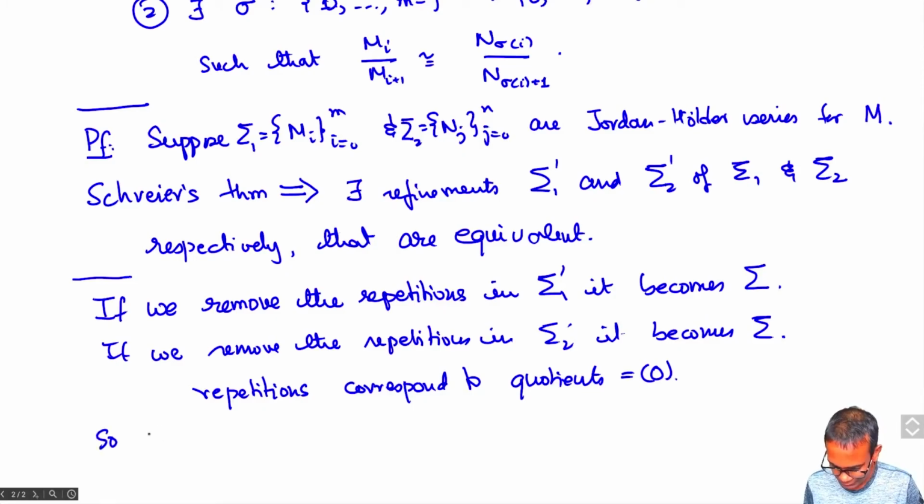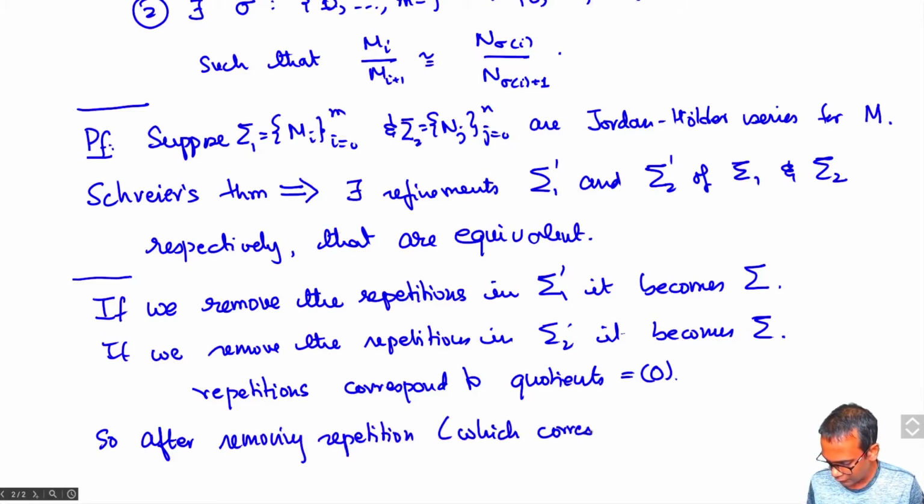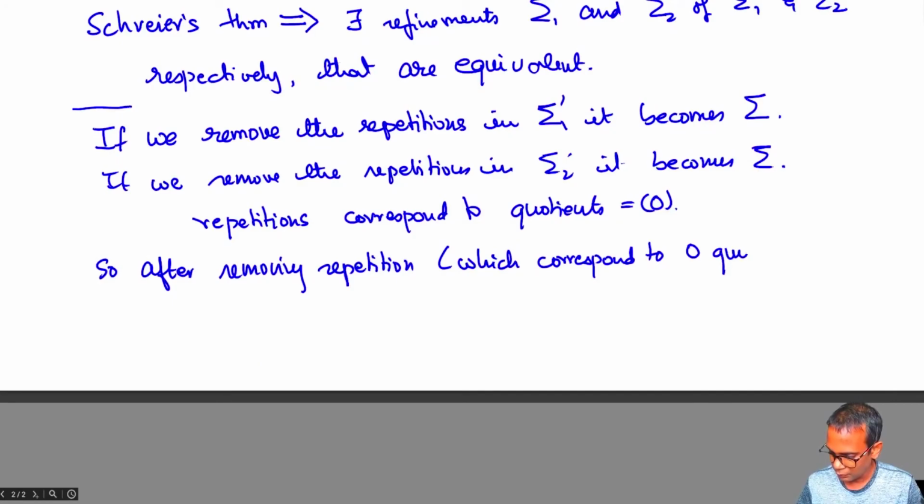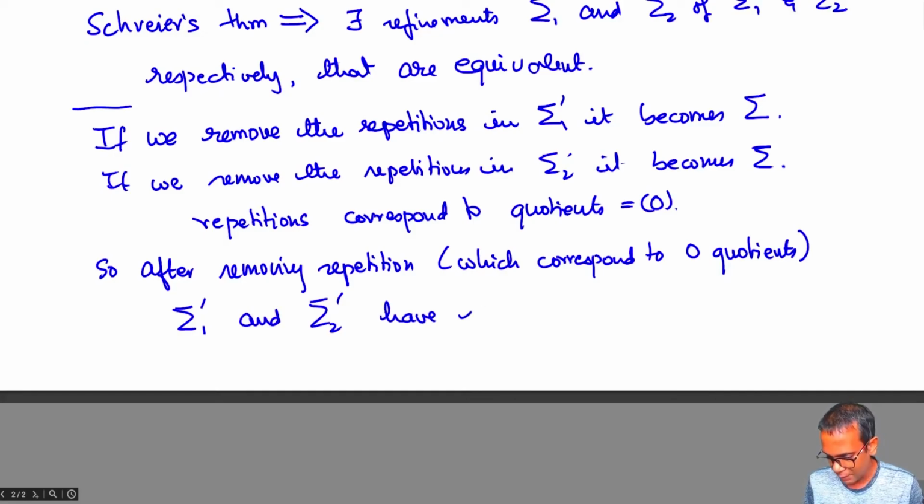So after removing repetitions, which correspond to zero quotients, sigma 1 and sigma 2 have the same length.